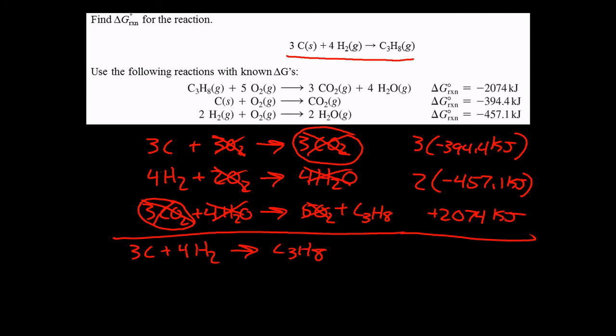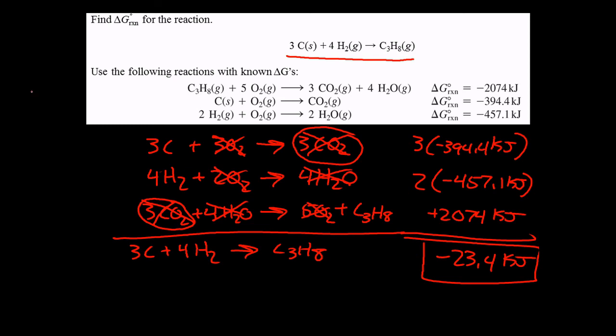And so if I do that real quick, 3 times negative 394.4 plus 2 times negative 457.1 plus 2074 gives me negative 23.4 kilojoules. So that is the delta G value for that reaction.